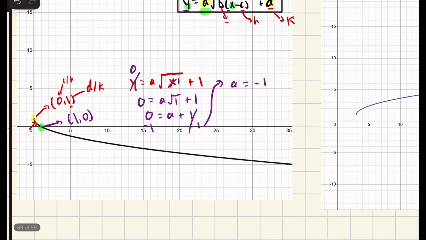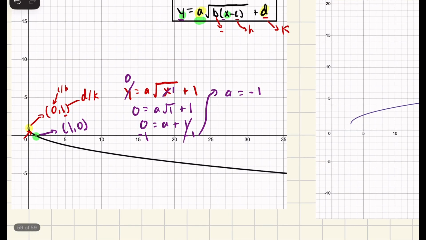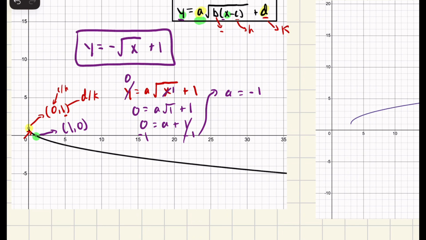So it makes sense that this is negative 1 because there's reflection over the x-axis. So our total equation, I'm going to write it above here in purple, is y equals negative, and you can write negative 1 or just write negative, that's fine, root x plus 1, and that is the equation for the graph below.